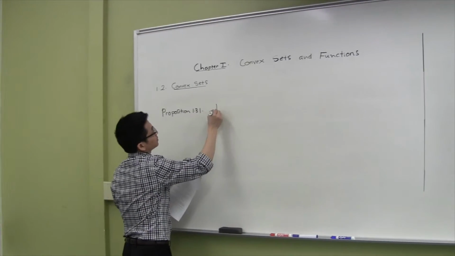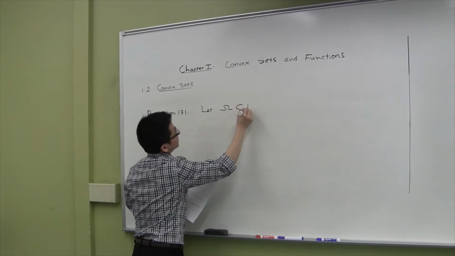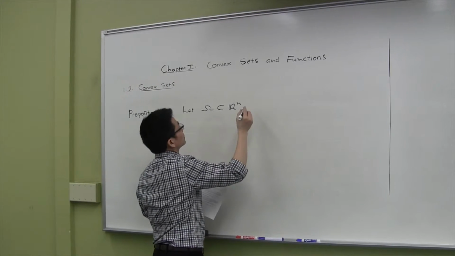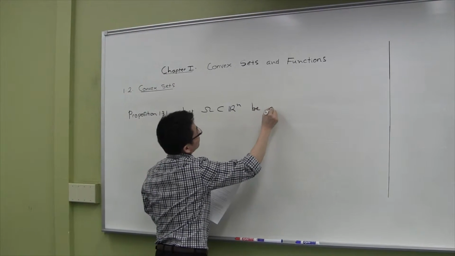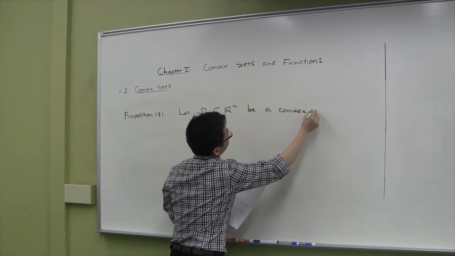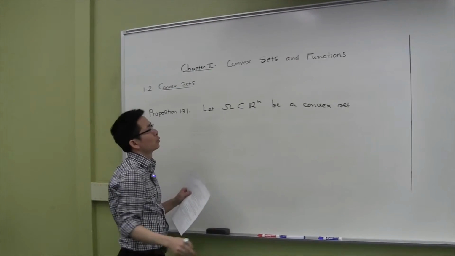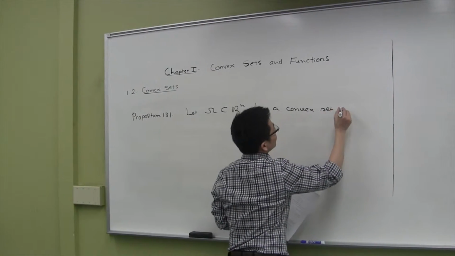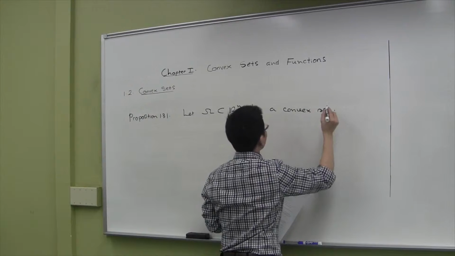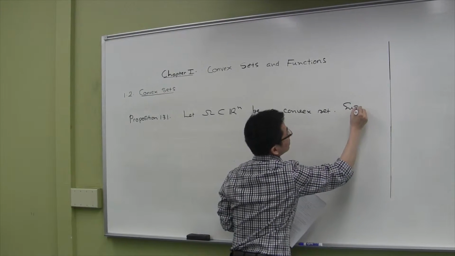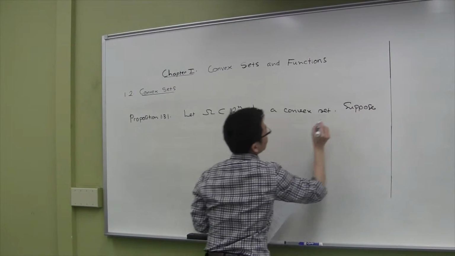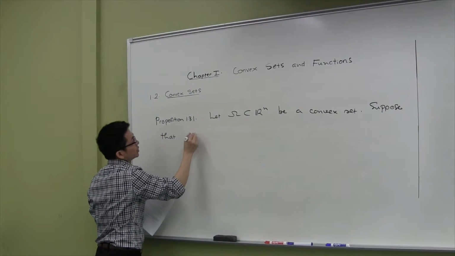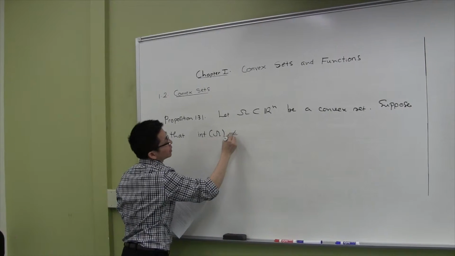Let omega be a subset of R^n, and we assume that omega is convex, and we also suppose that the interior of omega is non-empty.